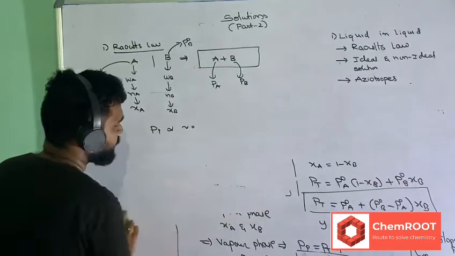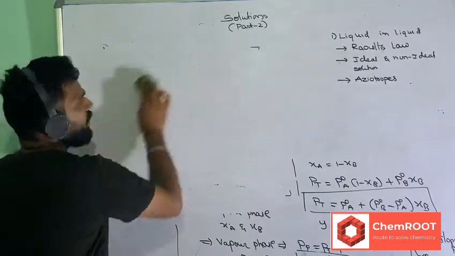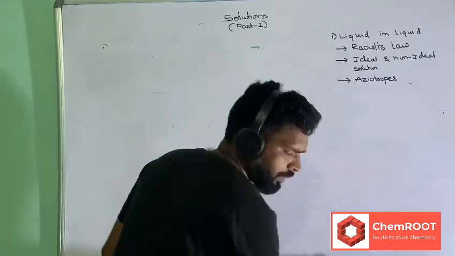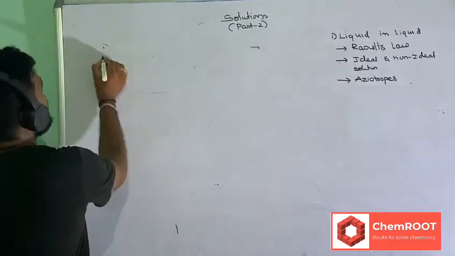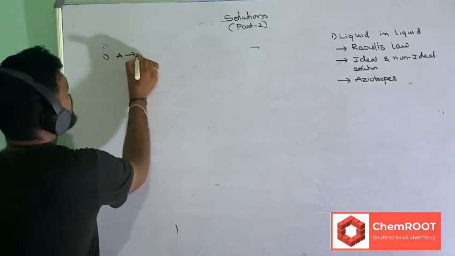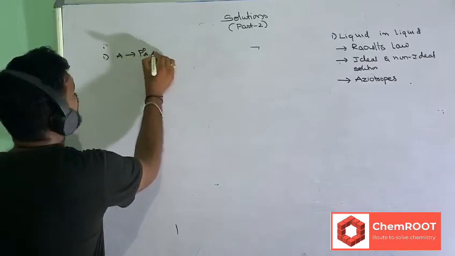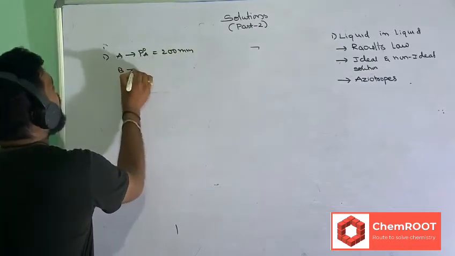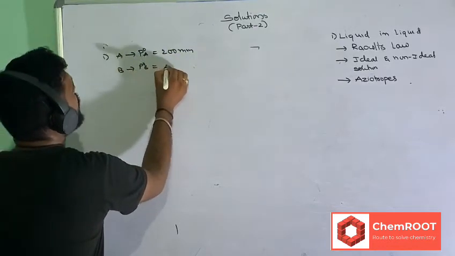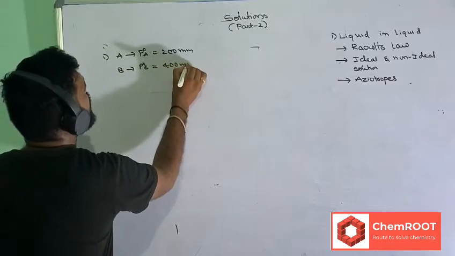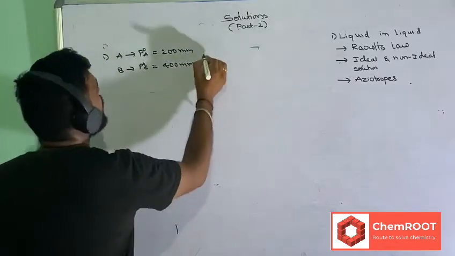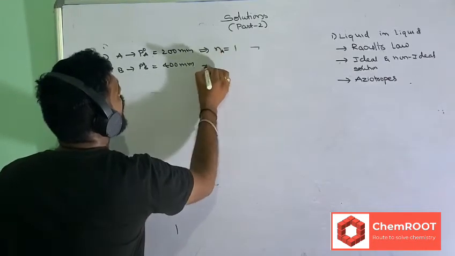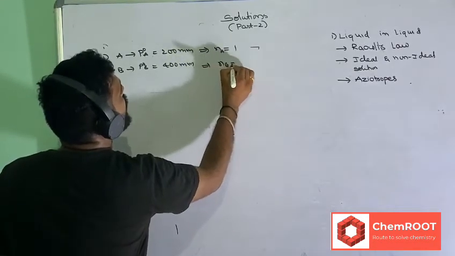Now let us see how they ask questions here. We take 2-3 questions. Here we have component A with P naught A equal to 200 mm of Hg, and component B with P naught B equal to 400 mm of Hg. Component A is present as 1 mole and B as 2 moles.